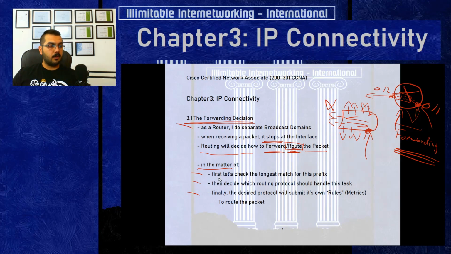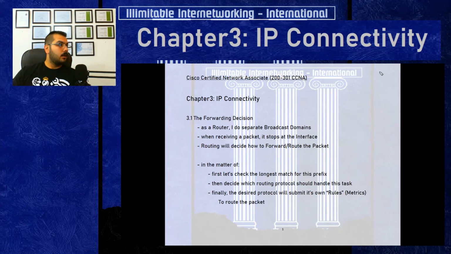These will be: first, let's check the longest match for this prefix. What do you mean by longest match? Let me tell you, the longest match is how much the IP address and its subnet mask are matching the available options, or matching the required specific destination that the packet must reach.